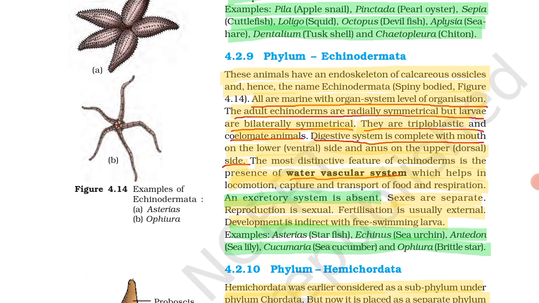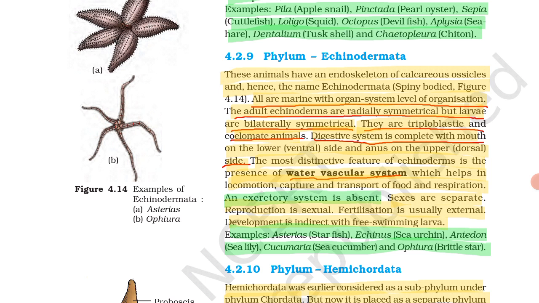You may remember that in phylum Porifera, the phylum of sponges, they showed a water canal system, and Echinodermata show a water vascular system. Keep in mind that at exam time they will confuse you: water vascular system is present in Echinodermata, Porifera, both or none of these. The correct answer is that Echinodermata has the water vascular system.